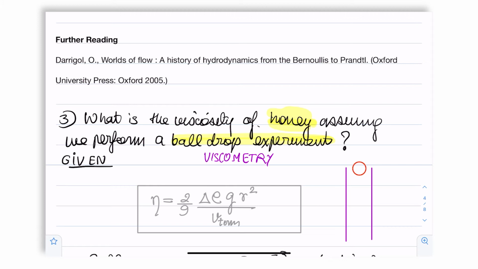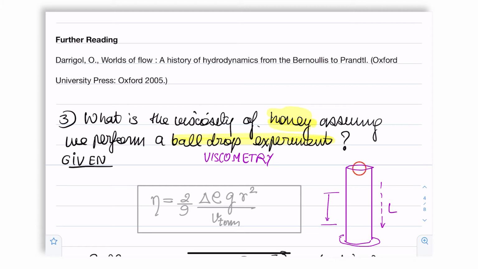This is typically some kind of a cylinder. We also assume that the length of the cylinder is long enough that the velocity at some point reaches a terminal velocity and it does not change when the upward and downward forces are equated, and therefore there's no acceleration. That was the derivation.